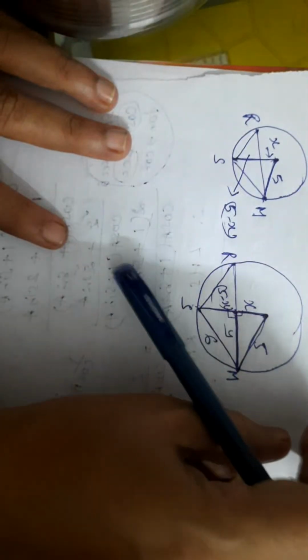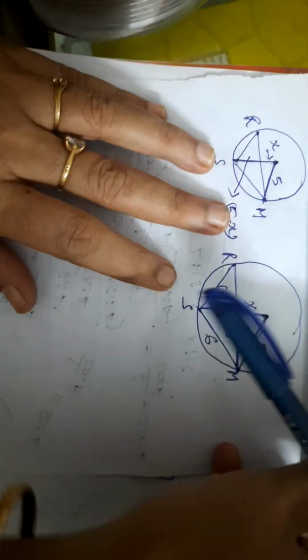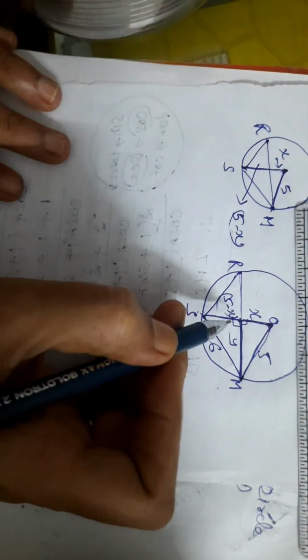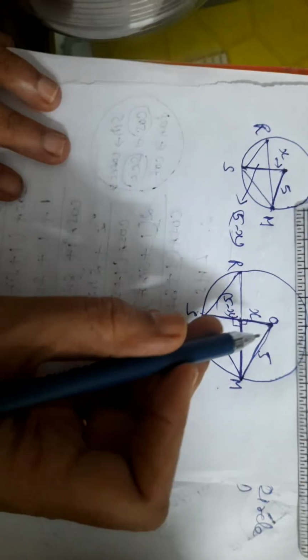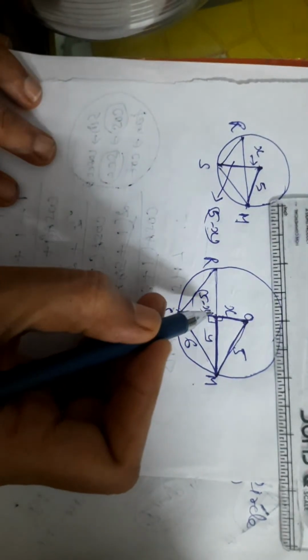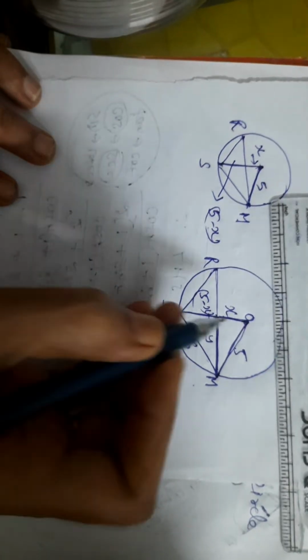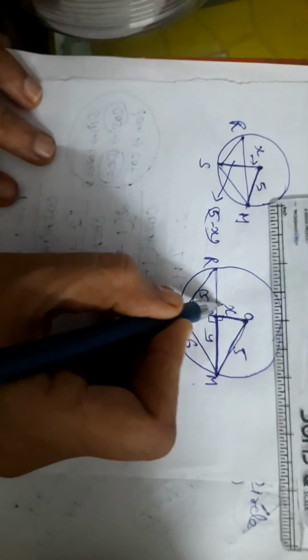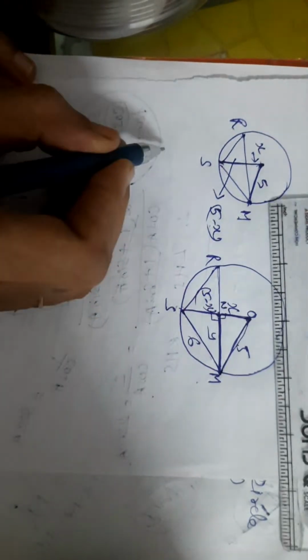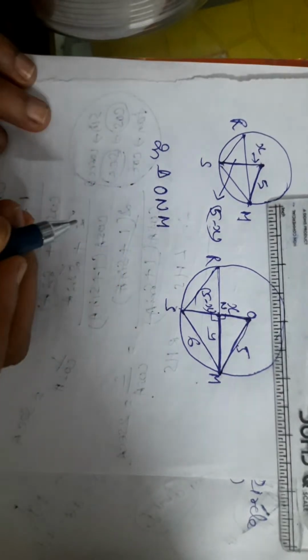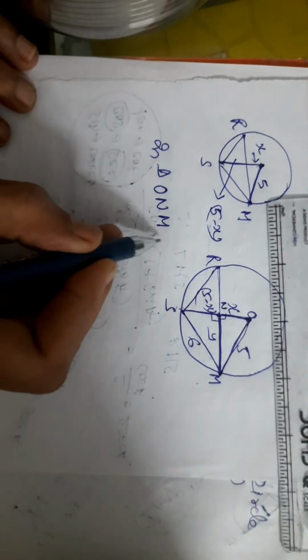Let me give some naming so that it will be easy for you. As it is the center, I took it O, and let this other point be N, with RMS already there. In triangle ONM, it is a right angle triangle.